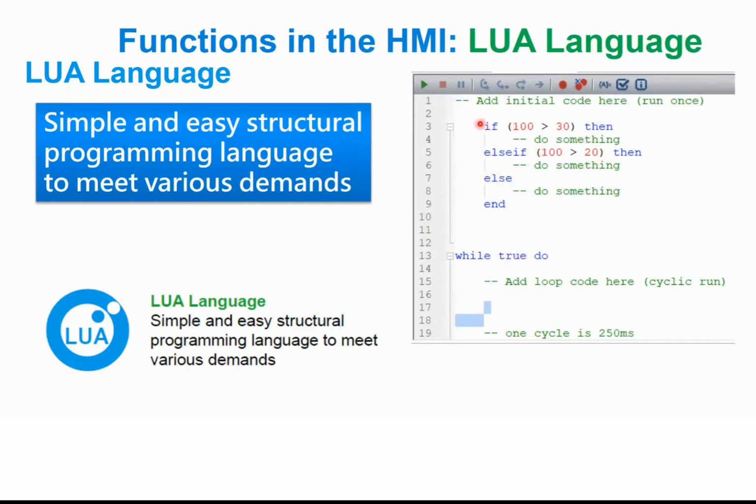This gives you a programming area where you can write what happens in the HMI based on your operation. For example, maybe you want to press a particular button, and if you press that button, you want a specific action to take place. You can come to this programming area, write the instruction you want, and when the condition is met, what you have written will be executed. We call it lower program language.